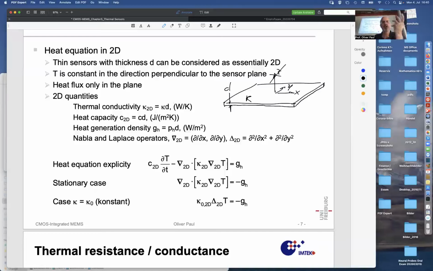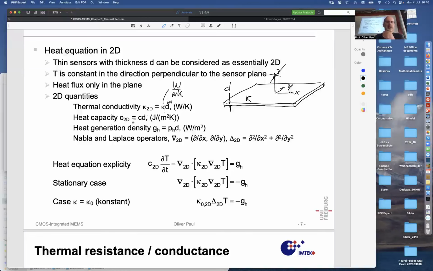It's actually the line thermal conductivity. It's watt per Kelvin. Kappa has units watt per meter per Kelvin, and if it's multiplied by meters, then watt per Kelvin is the unit of kappa 2D.